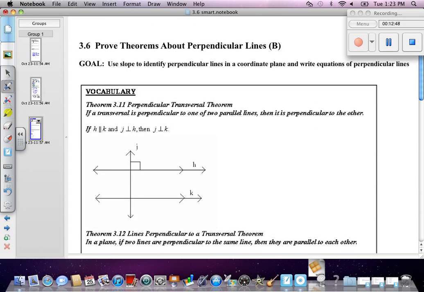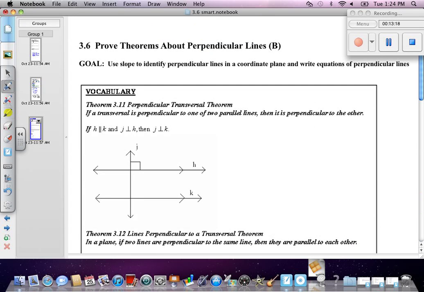So if J is perpendicular to H and H is parallel to K, J must be perpendicular to K. Alright, 3.12: in a plane, if two lines are perpendicular to the same line, then they must be parallel to each other. So if M is perpendicular to P and N is perpendicular to P, then M and N must be parallel to each other. How would you find out?